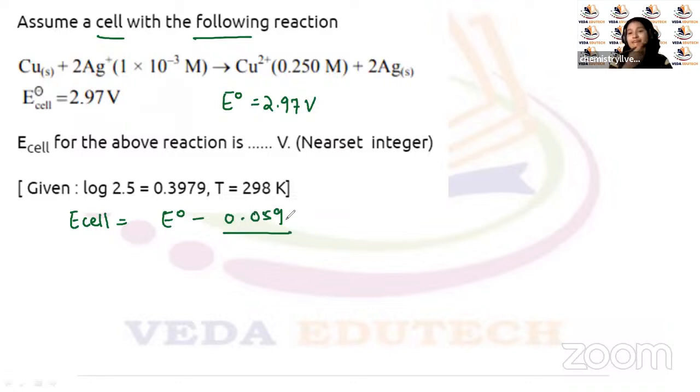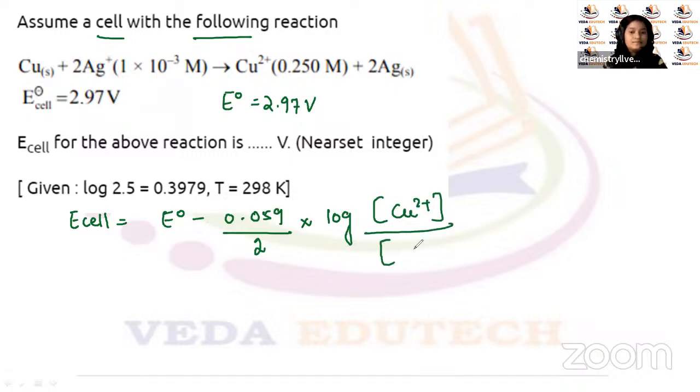Obviously the value of n here is going to be 2, into log of Cu2 plus divided by Ag plus whole square.